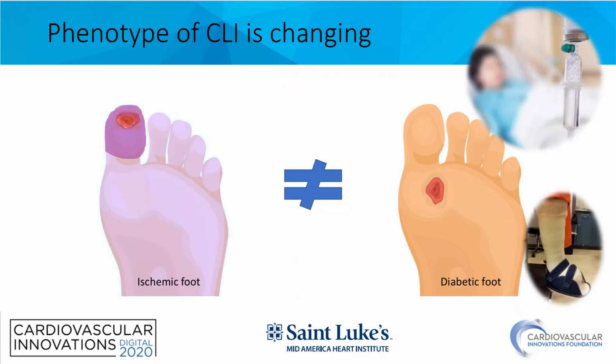Therefore, the phenotype of critical limb ischemia is changing and is no longer simply a painful, rubrous ischemic foot, but there are other considerations, sometimes ischemia being a rather minor one relative to other issues of infection and offloading for neurotrophic ulcers.